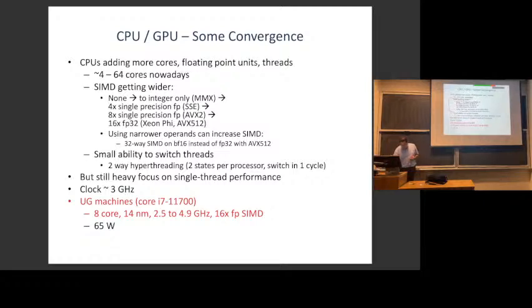Then they brought in SSE, which can do 4 single precision floating point operations with 1 instruction, so 4-way SIMD. Then they increased that with AVX2 to 8-way SIMD, so 8 floating point operations can be done in parallel. And most recently, they've gone to 16-way, okay?